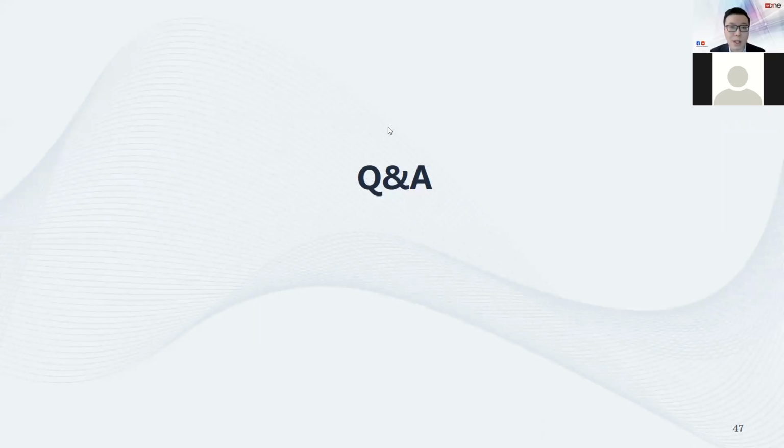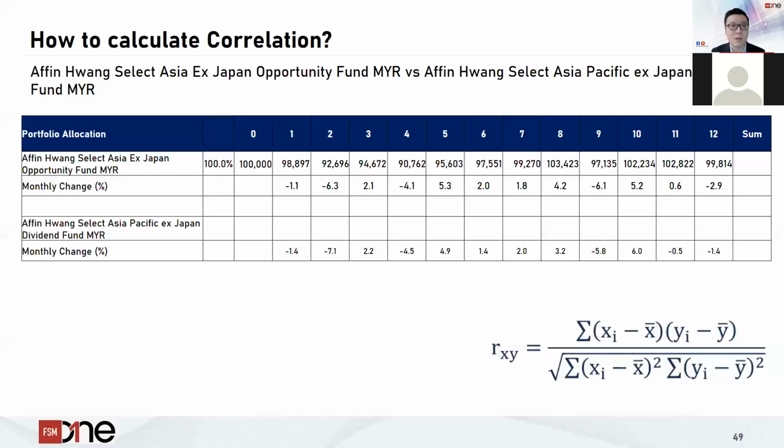Where and how can I calculate correlation between two asset classes? Okay, I think I have examples here. So this is how you can do it yourself. How do you calculate correlation between two asset classes? Let's say in this example, this fund and this fund.